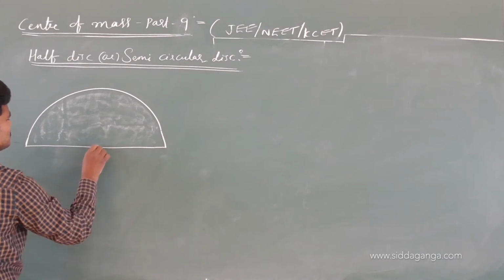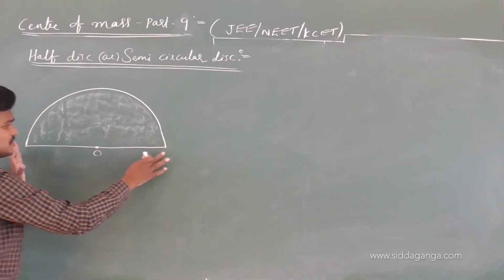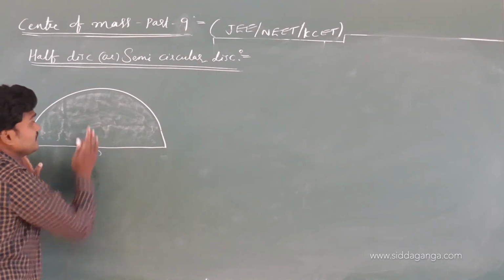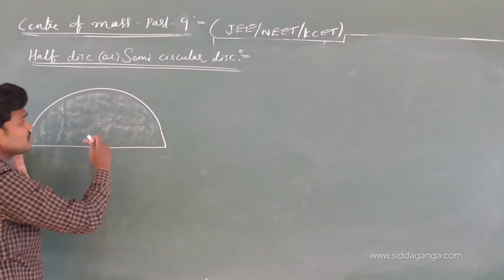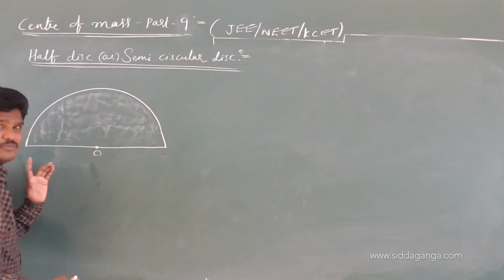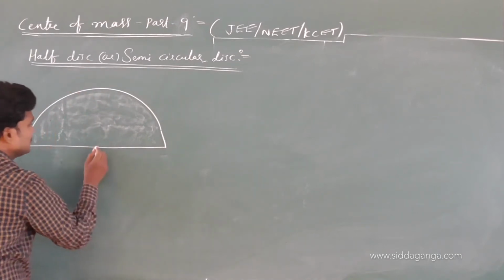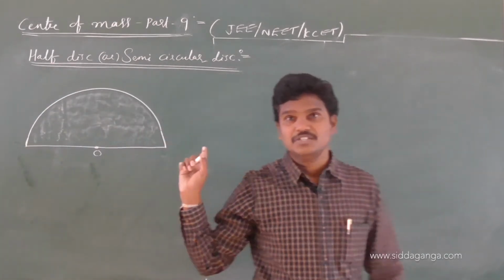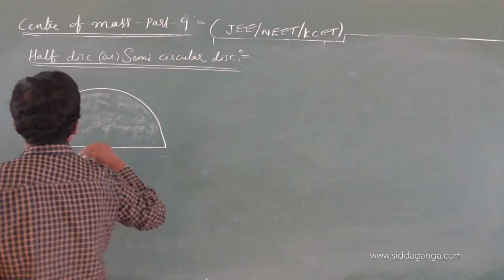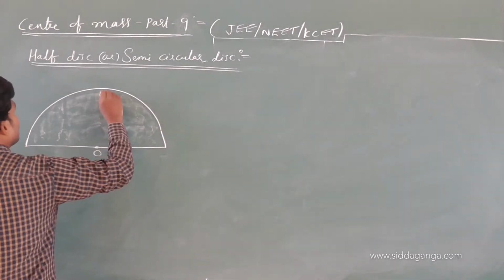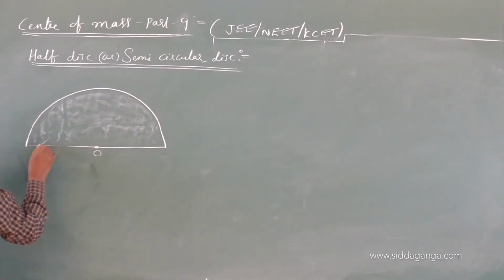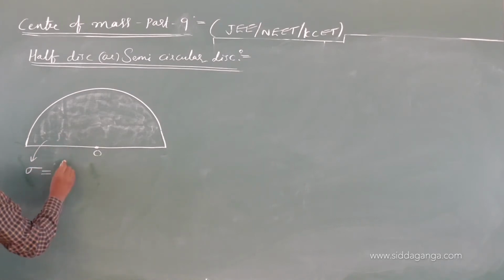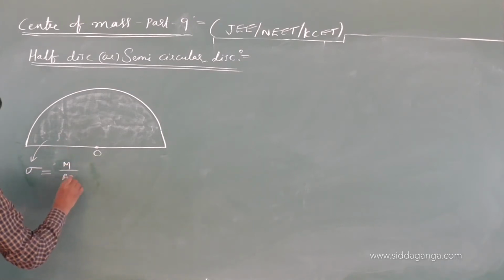And this is O. Due to symmetry, there is no x coordinate of center of mass for the semicircular disc. Again, what will be there? The y coordinate, because mass is varying along the y axis. So our target is to find the y coordinate of the center of mass for a semicircular disc. For this disc there is a value called sigma, the mass per unit area.